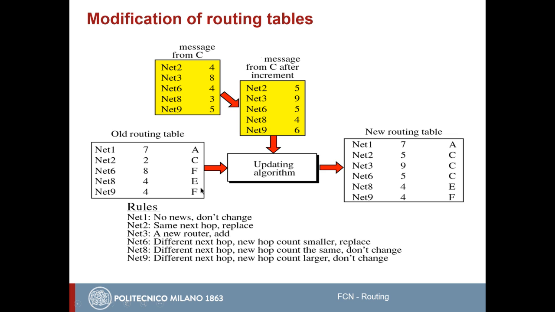Okay. So this node will receive a distance vector from node C. This is the distance vector from node C. It contains a list of destinations and a list of distances.